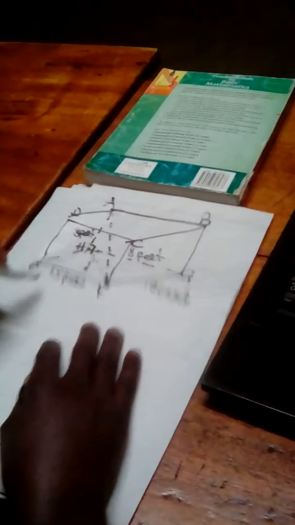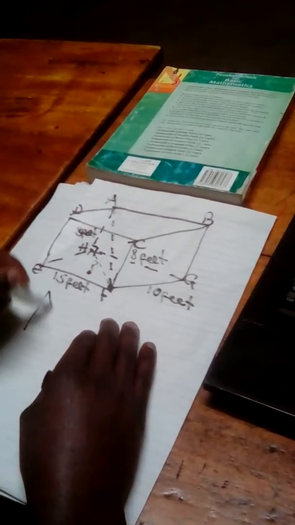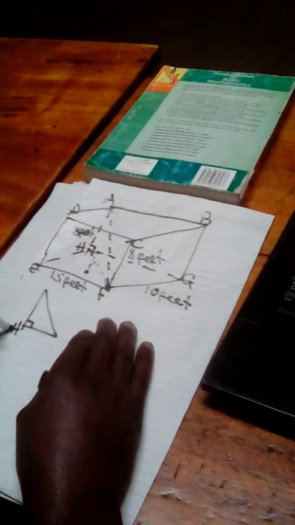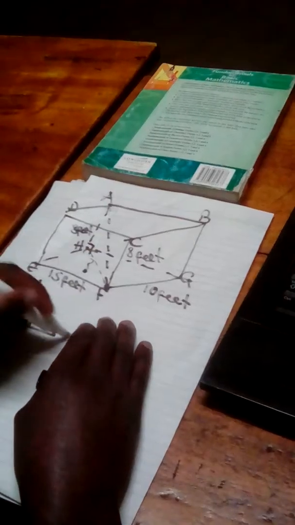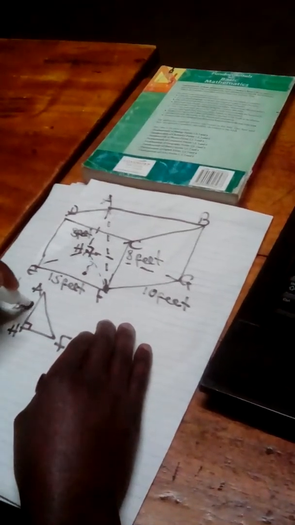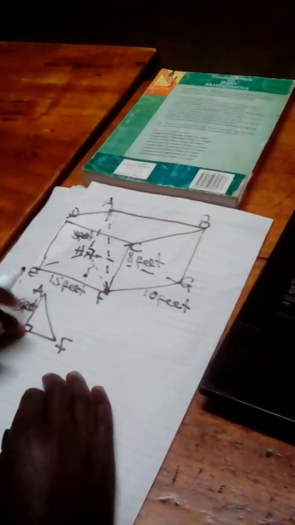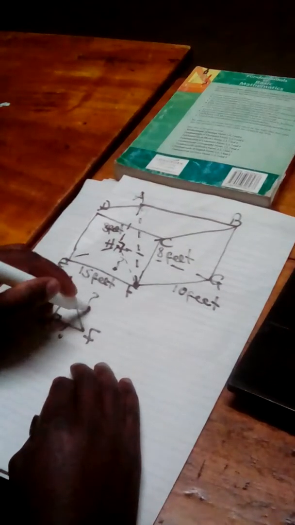So if you sketch this triangle here, it will be a right triangle, which will be like this. This angle is at point H, and this angle is named A, and this is F. The height is 8 feet. We don't have this distance here. It is unknown, and this is unknown.